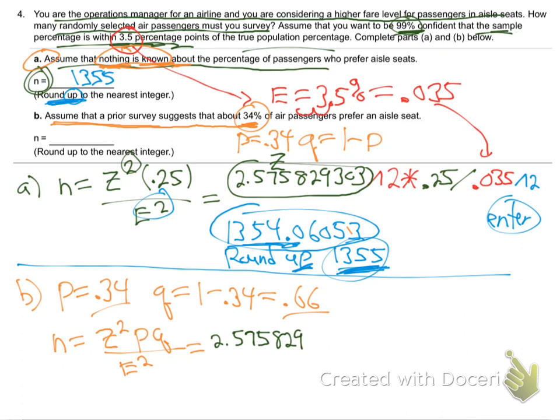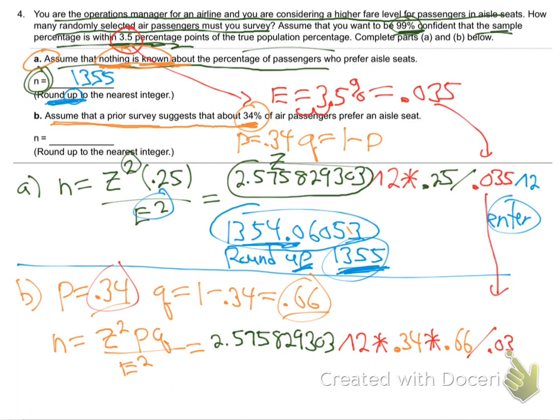2.575829303, exactly the same. Squared, that's Z squared, times P, 0.34, times Q, and then divided by E squared, exactly the same thing here, 0.035 to the second power.